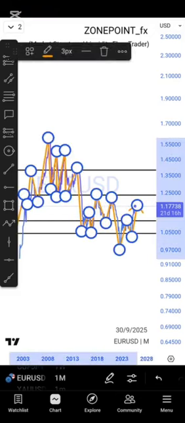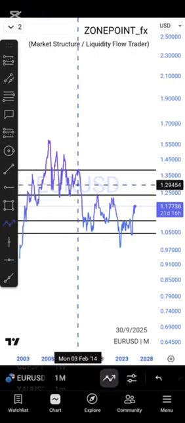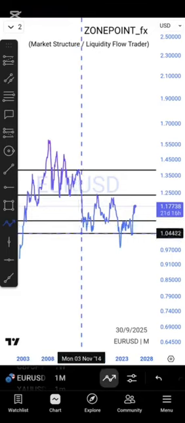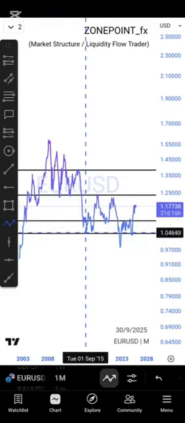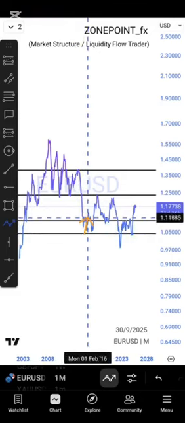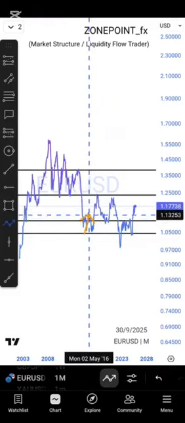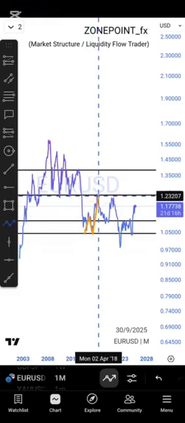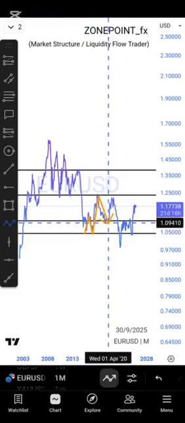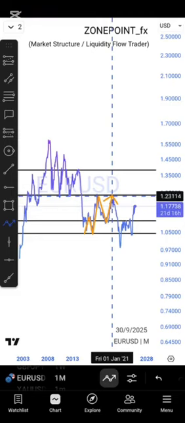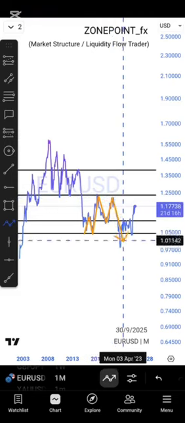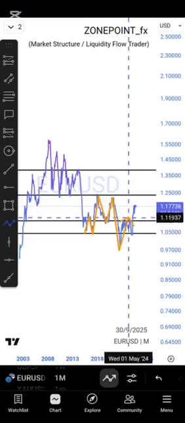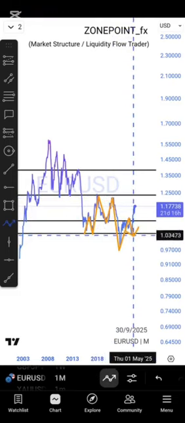Okay, let me explain it. From this level, when price tapped in here, it broke into this level a little bit up, used this level again, broke it, came and used this level again. Then it broke down and used this level again.